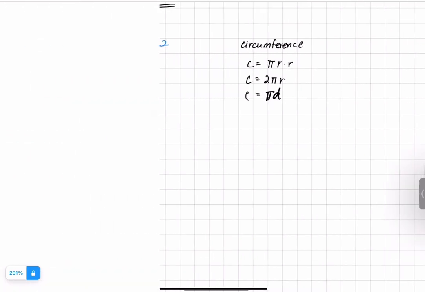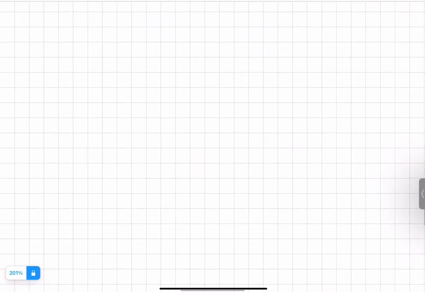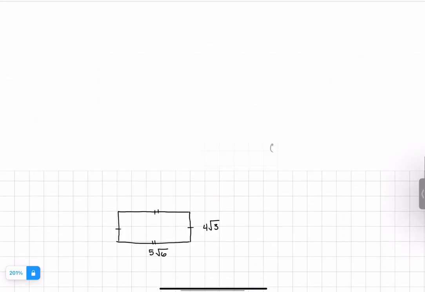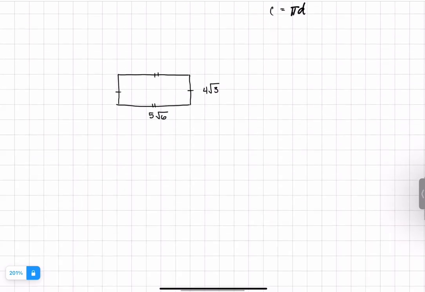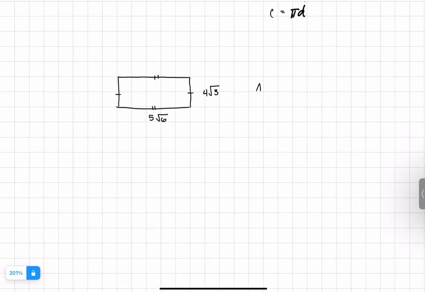Okay, moving on to our second example. So let's say we had a rectangle, and let's say this side was 4 root 3 and this side was 5 root 6. The area of a rectangle is length times width. So we do area equals length times width.